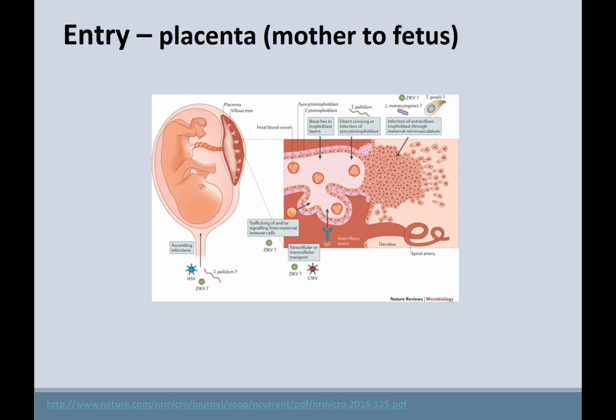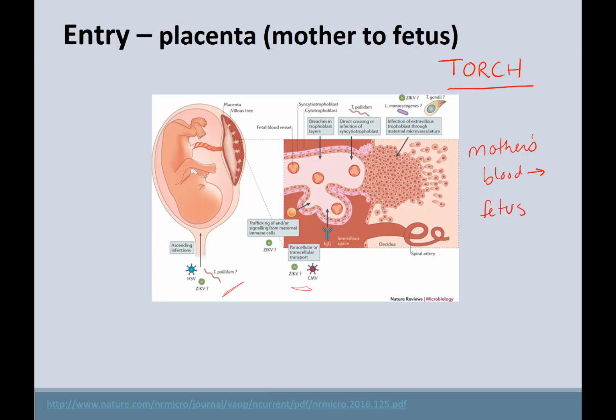It's on the bottom of your notes, but it used to be this nice acronym called TORCH, which explained the types of viruses and protozoa and microbes that could actually get from the mother's blood to the fetus by crossing that placental barrier. Not all microbes can do that. We're not even actually sure how all of them can do that. But take a look at the notes on this slide for some of those organisms.